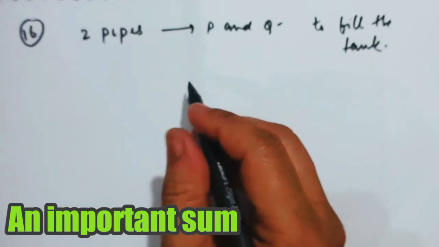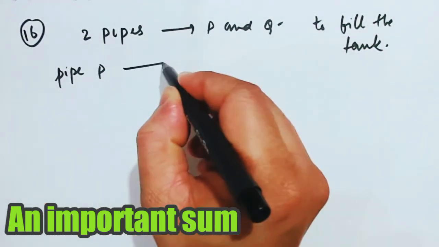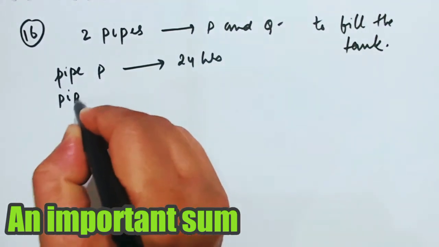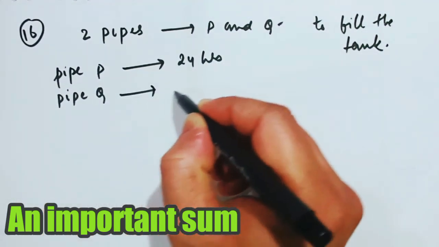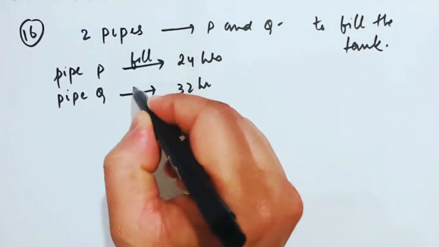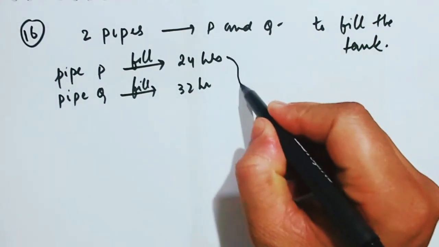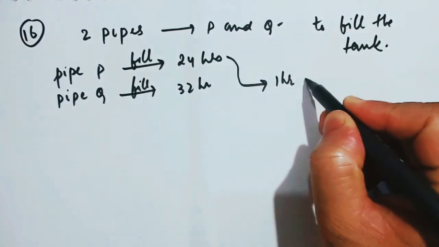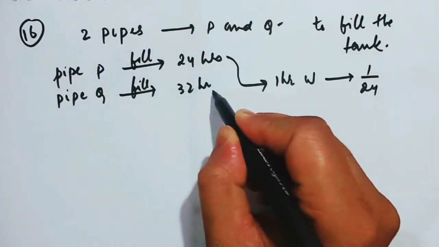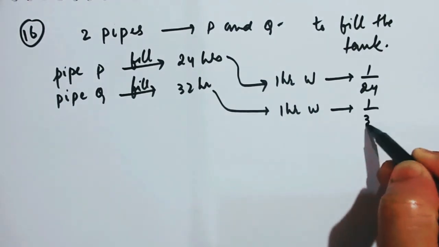Now they say that pipe P can fill it in 24 hours and pipe Q can fill it in 32 hours. Therefore pipe P's 1 hour work will be equal to 1 by 24, and pipe Q's 1 hour work will be equal to 1 by 32.